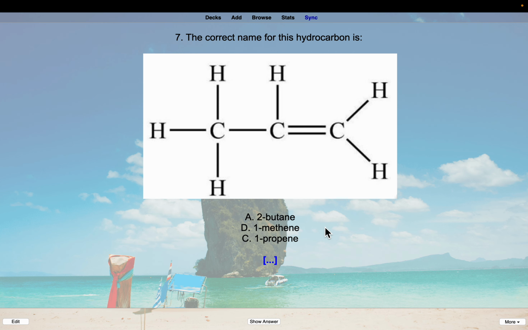For 20 carbon atoms, I remember it's icosane, assuming all bonds are single bonds. Okay, propene.